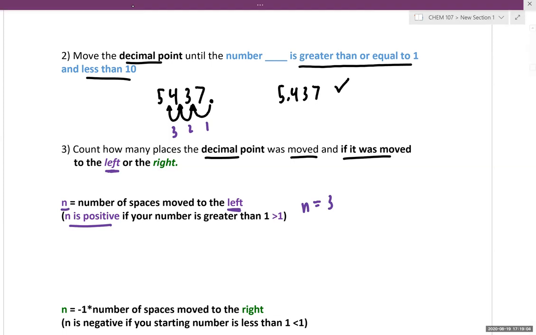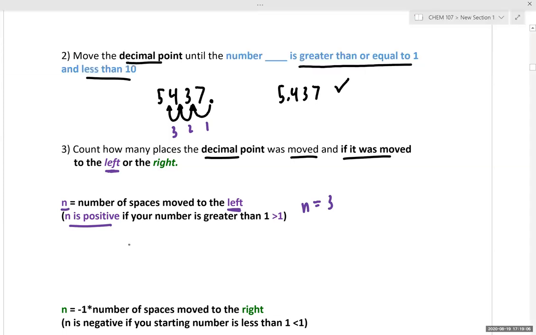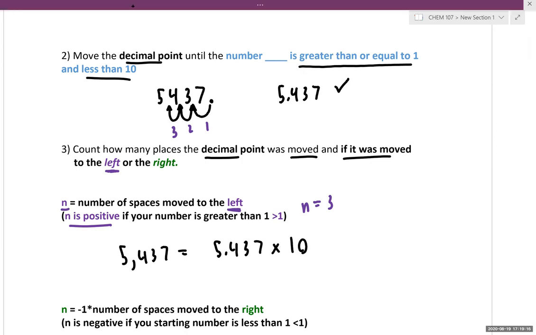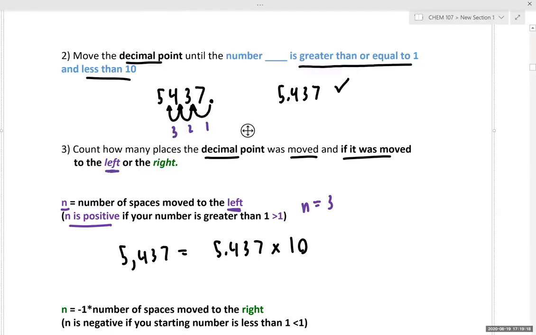So we'd write out our number as 5,437 is equivalent to 5.437 times 10 to the n. And what did we just say the value of n was? What did we say n was equal to? 3. N is positive when we have large numbers.